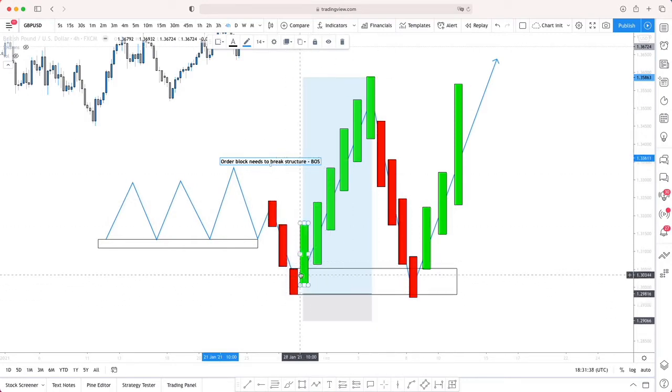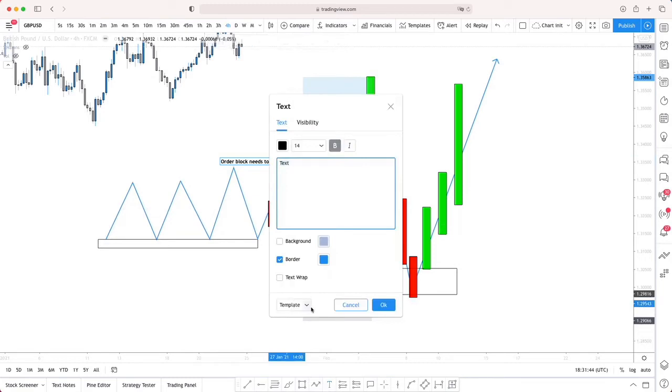Retail traders will not create a move that will break structure, so just bear that in mind. The order block, as we know, is here. So for a bullish move, the order block is the last bearish candle before the bullish move.